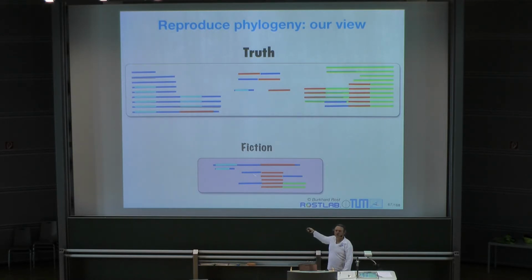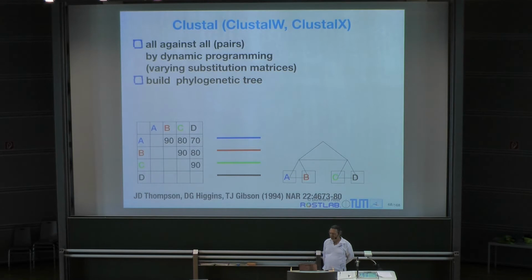Nevertheless, we try, from what we observe as sequences, to reconstruct evolution. And that is a daring enterprise. Surprisingly often we get somewhere that is remarkably close to what most likely was truth. But it's a very, very difficult one, and we have to remember how much of a fiction we are constructing here. That's important when we go to Clustal and the tree.